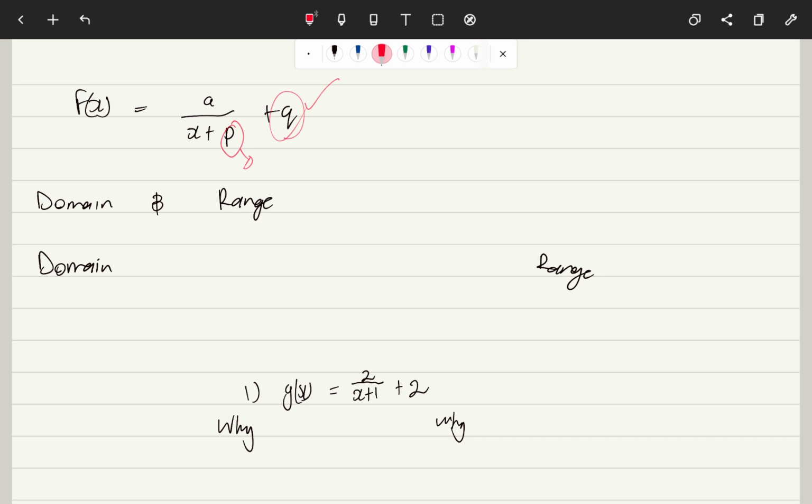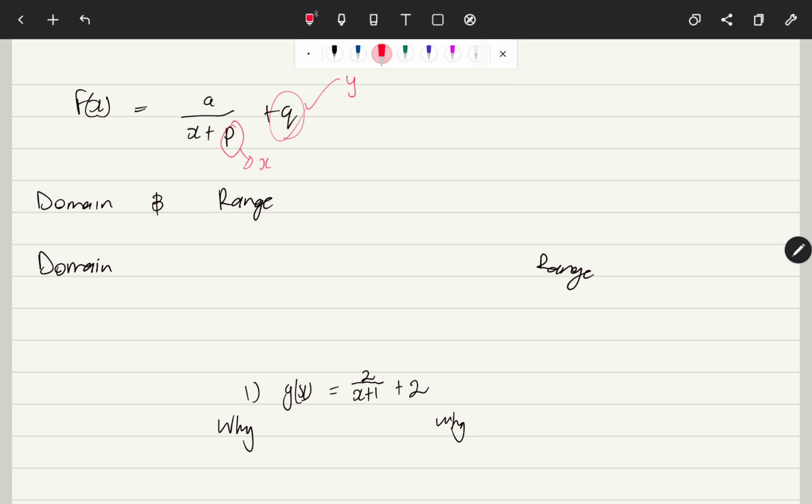So what's important right now, as we're going to talk about the domain and the range, is to know that Q is a y value and P is the x value.